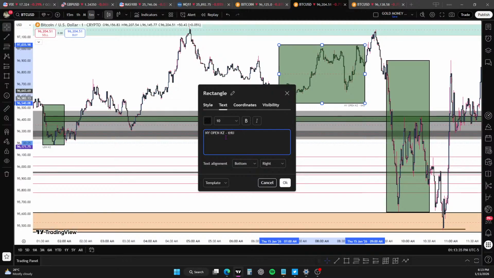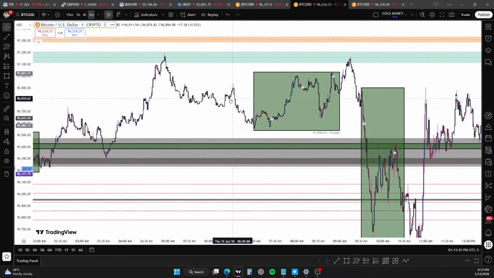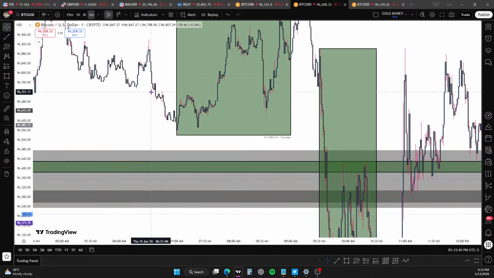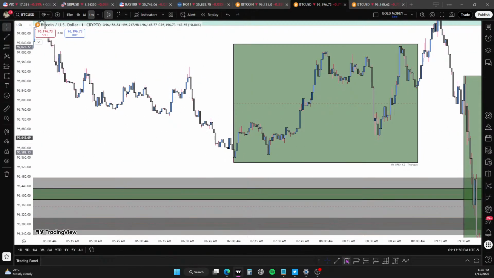For this range, I would always look for one very specific 1 minute candlestick. And it's just so incredible that it actually is just one minute candlestick.